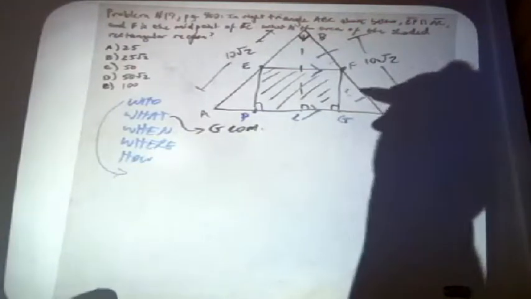Okay, so we're talking about finding the area of EFGP. In order to do that, we're going to need to know some lengths. We're going to need to know EF, and we're going to need to know GF, or FG. So that's our goal. We really want to find this, and we want to find this.